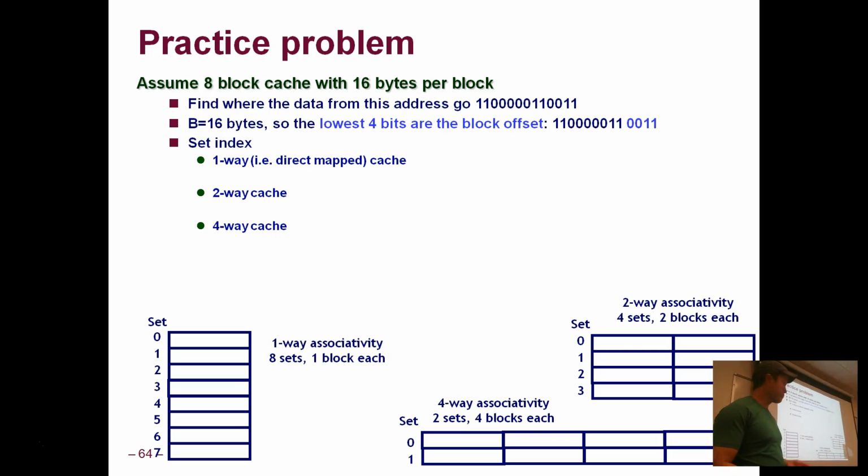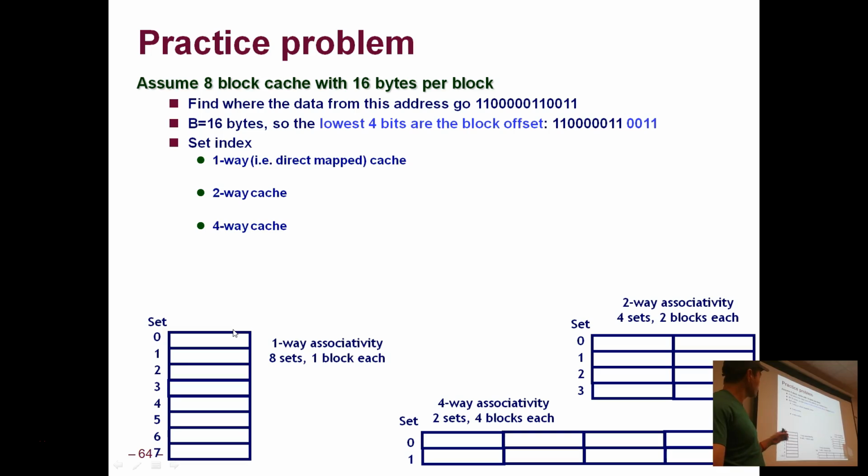Okay, so here's a practice problem. There's some scrap paper here. Now that we know how to use the bits of the address to index into the cache, I want you to do this problem. We have an 8-block cache, and in this cache, each of these blocks is 16 bytes.